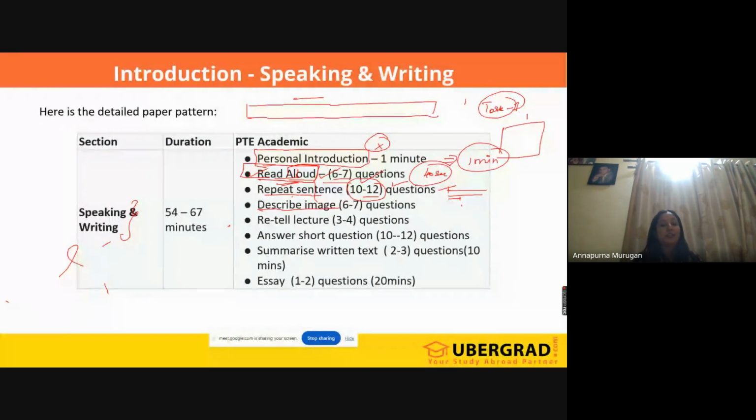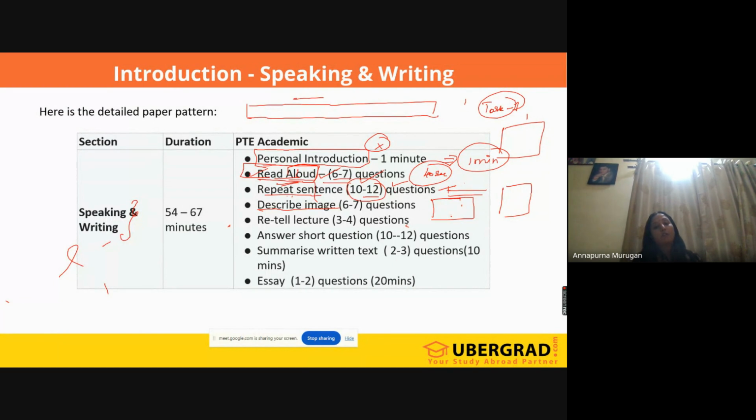Basically, you have a pictorial presentation, it could be a chart, bar graph, pie chart, flow chart, or any process diagram, and you have to present a report on it. Just like that, here they are going to give you a pictorial presentation. Within 40 seconds, you need to describe the entire image.